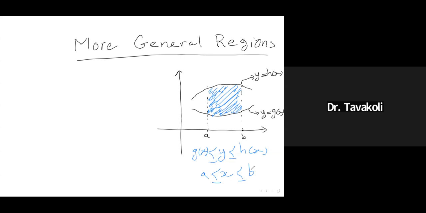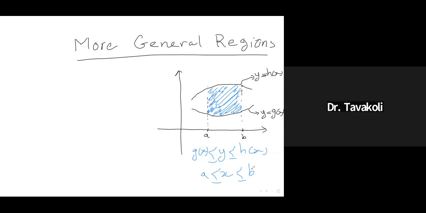But I wanted to make a general statement for this kind of regions. So the lower boundary of the region is g of x, and the upper boundary of the region is h of x.